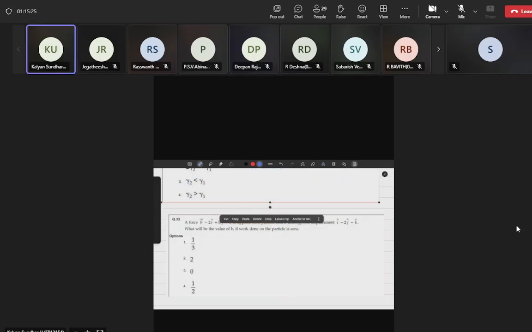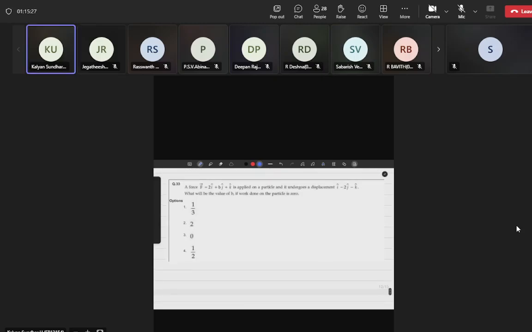This one, an easier question. Force vector is given, displacement vector is given, and the work done on the particle is 0. Here the force has one unknown parameter, b. So what is work done? Force and displacement. Work done is nothing but force into displacement, a dot product. What does the dot product do?